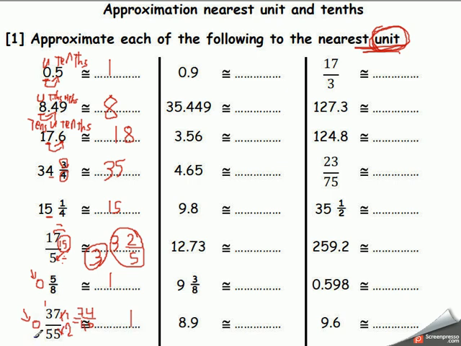This is the step I can do for all fractions: multiply 2 up and down and see whether the numerator is less than, greater than, or equal to the denominator.